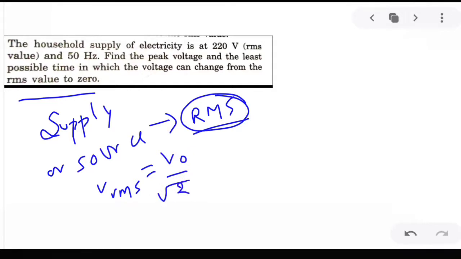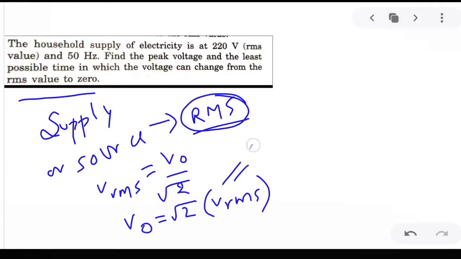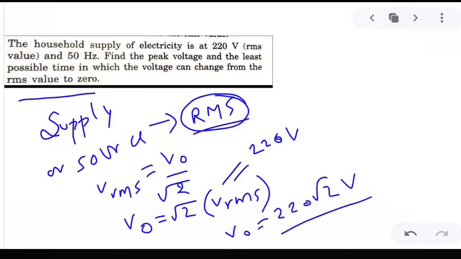V naught is the peak voltage. So V naught is equal to root 2 times VRMS. Now this VRMS in the question is given as 220 volt. So that gives V naught is equal to 220 root 2 volt.